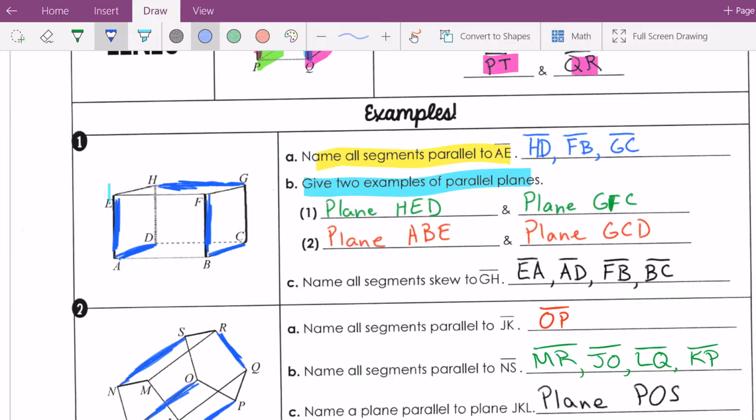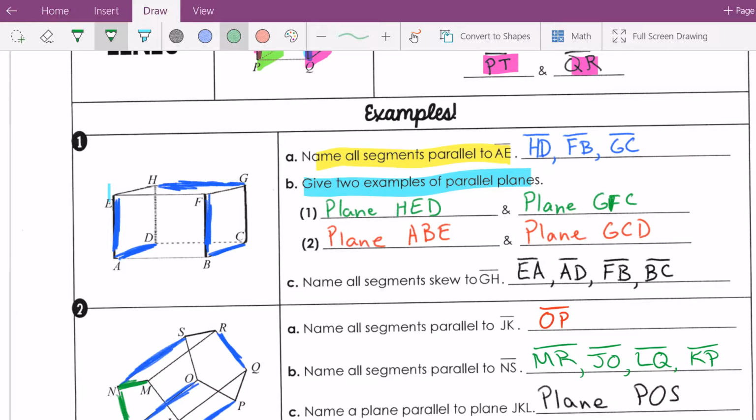So we'll just write those ones down for now. NS, JO, and KP. And then we also have a couple more that we're going to work with that are on the other pentagon. Okay, it can't be LM because that's parallel. So NM, JN, JK, and KL.